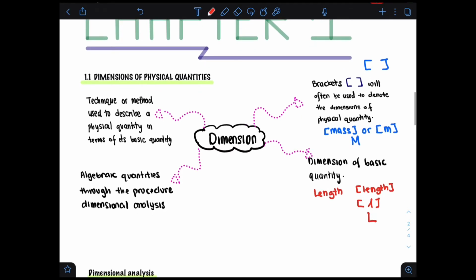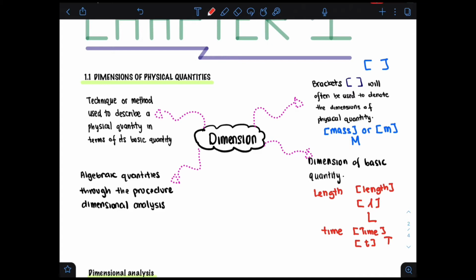Alright, besides that, let's say if you were to write dimension for time, time has a dimension of bracket time or bracket T. You do not write the unit. The unit for time is second. For dimension, you do not use the unit. You use the symbol for basic quantities or the capital T. These are a few examples. Okay, so you can deduce for the rest of your basic quantities, or you can refer to our notes.